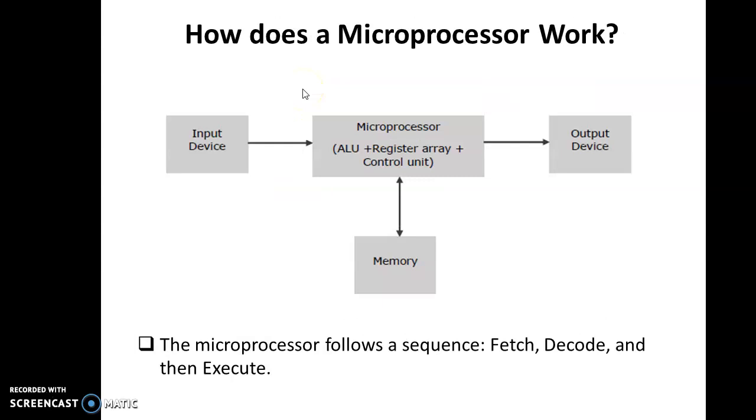How does a microprocessor work? The microprocessor follows a sequence of fetch, decode and then execute. Initially, the instructions are stored in memory in a sequential order. The microprocessor fetches those instructions from memory, then decodes it and executes it till stop instruction is reached.